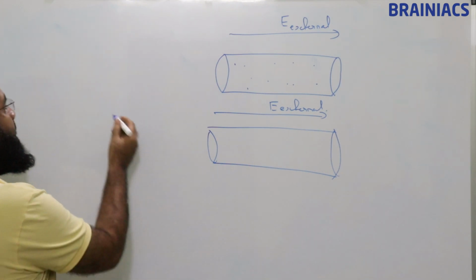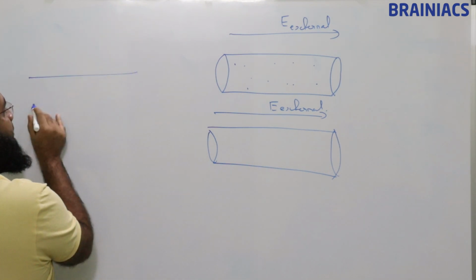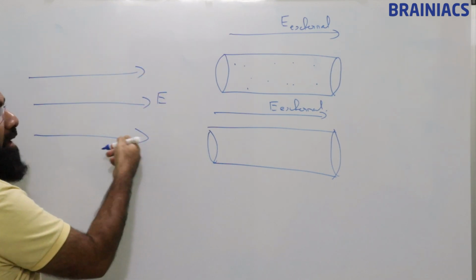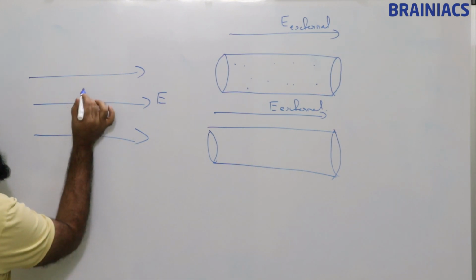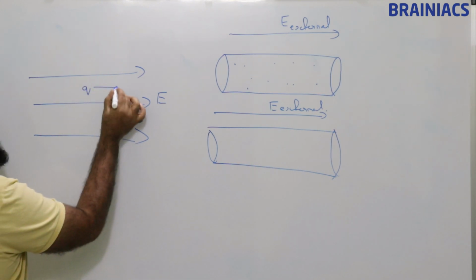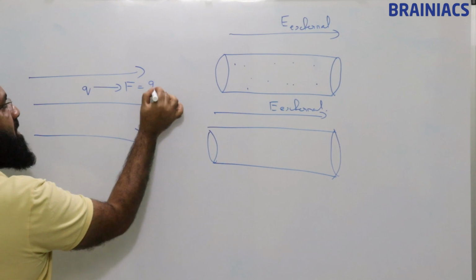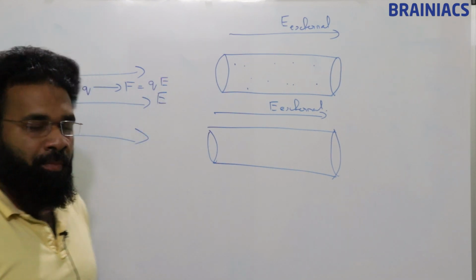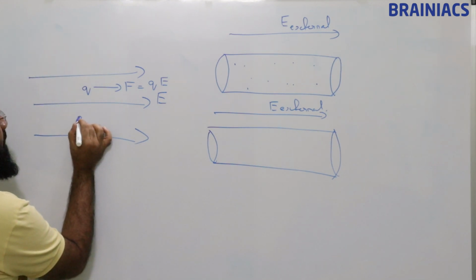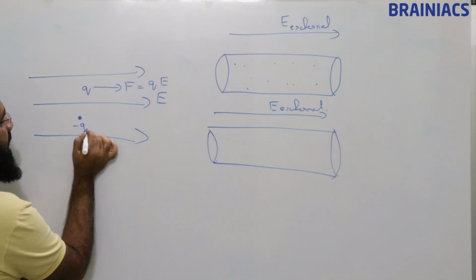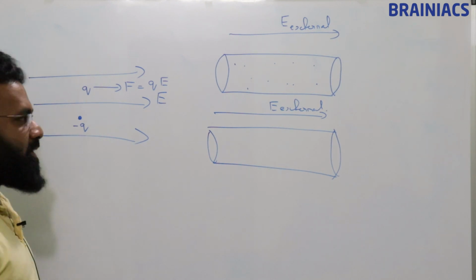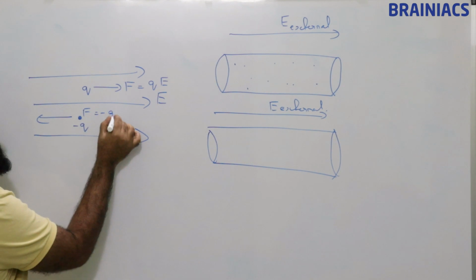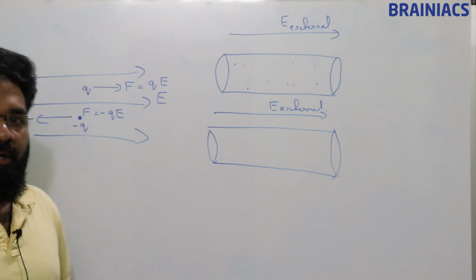You have studied, if this is the electric field direction, and we keep a charge here, the force on this charge is F equal to QE. You have studied this in electrostatics. Suppose this is a negative charge, then the force will be F equal to minus QE, in the opposite direction.